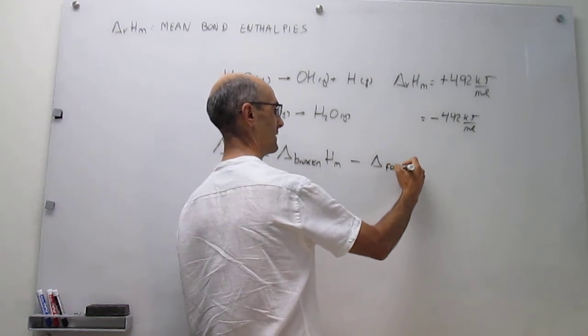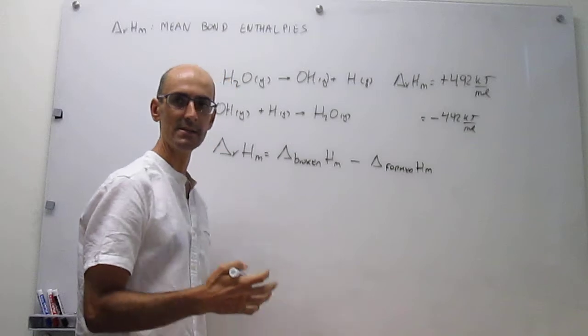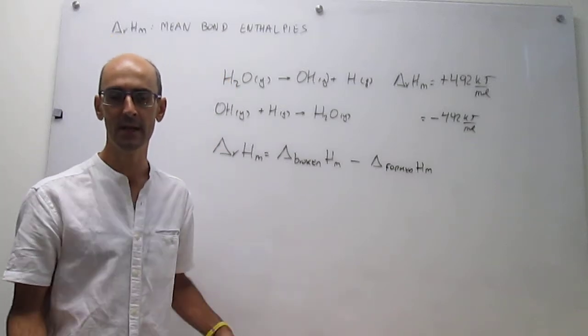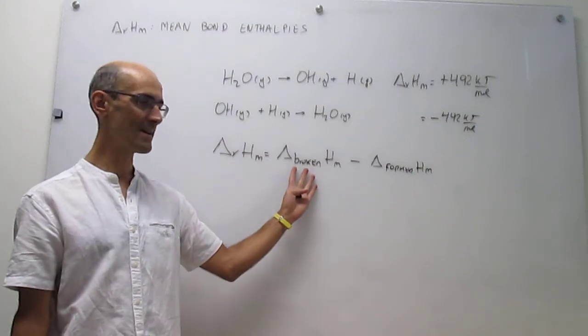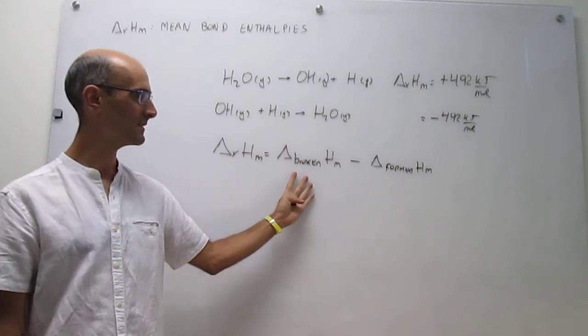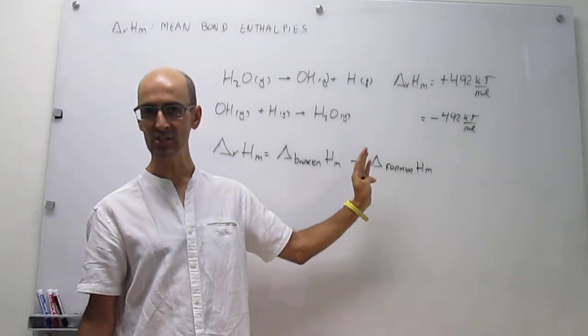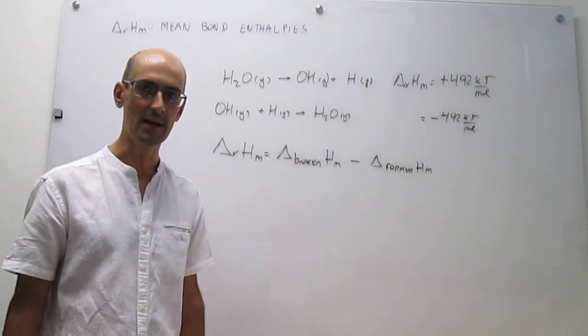So that will be the enthalpy of the formed bonds. All right, so there are tables with the average enthalpies of bonds, and then you simply have to take them and add up the enthalpies of the bonds that are broken. That will be positive. Then add up the enthalpies of the bonds that are formed, then change the sign, and that is going to give you the overall reaction enthalpy.